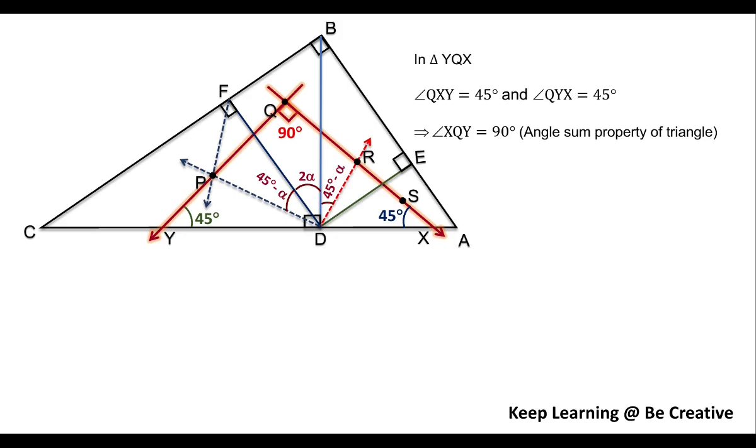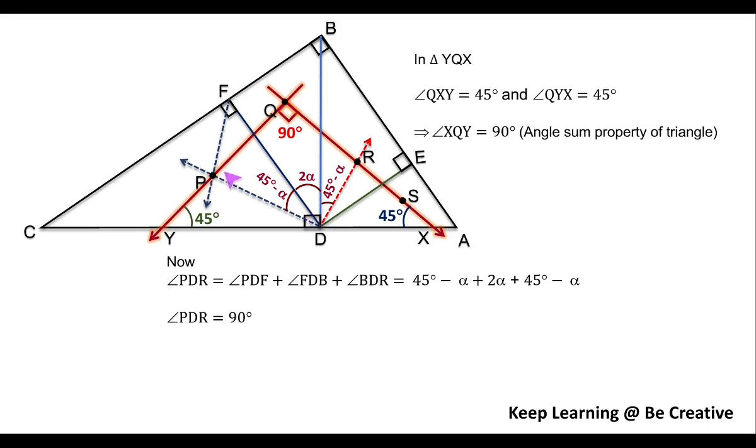Now if we take out the value of angle PDR, it will be equal to PDF plus FDB plus BDR. So if you substitute the values, the final value comes out as PDR equal to 90 degrees.